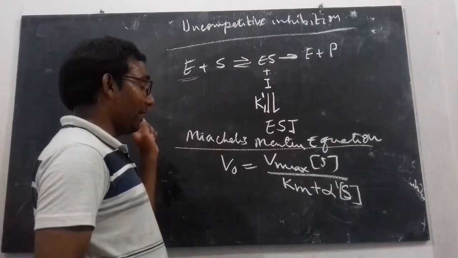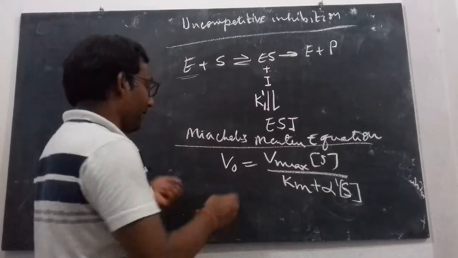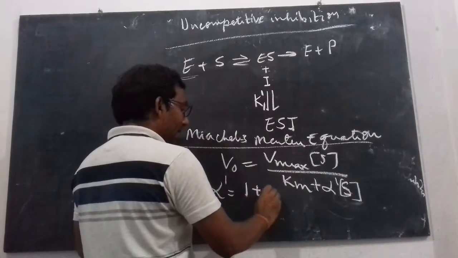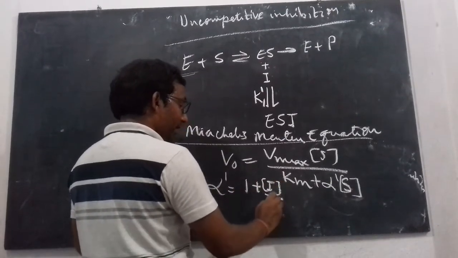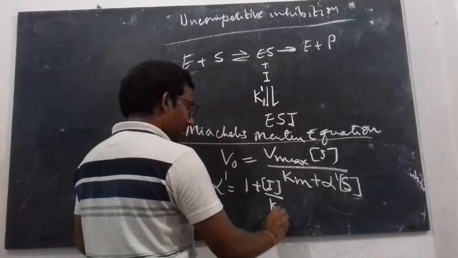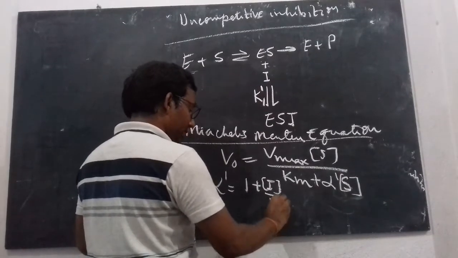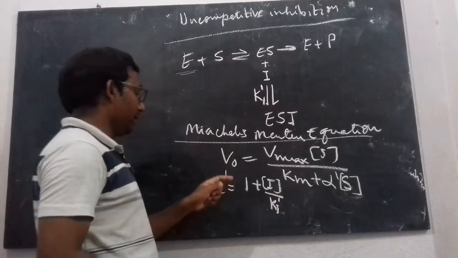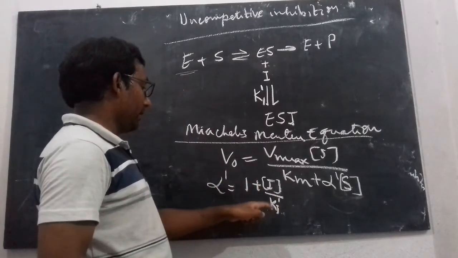That time you saw alpha, here it is alpha dash. Alpha dash is equal to 1 plus the concentration of I by Ki dash. This is the equilibrium constant Ki dash. So 1 plus I by Ki dash.